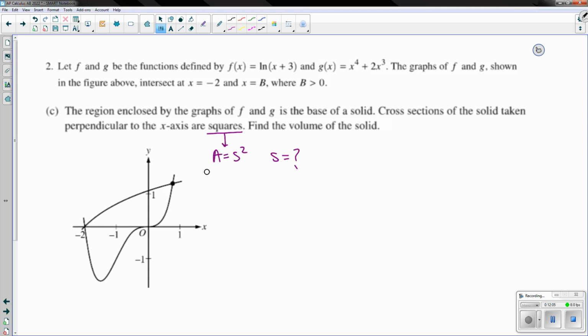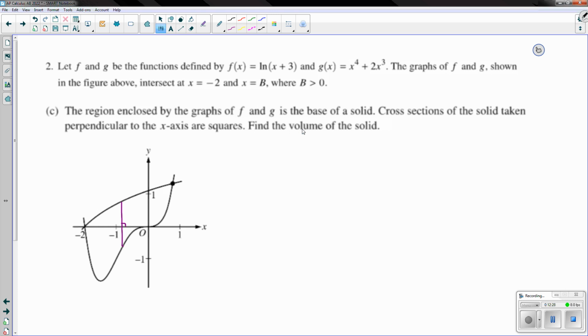When I look at this picture, being told that the cross section runs perpendicular to the x-axis, the length of that cross section that I've just drawn, that we have to imagine, is like a bird's eye view down on this plane. So that top view with that purple line I just drew is going to represent one of the sides.